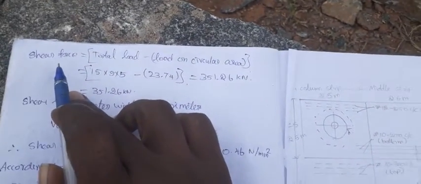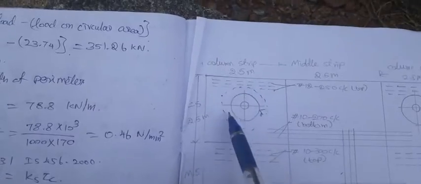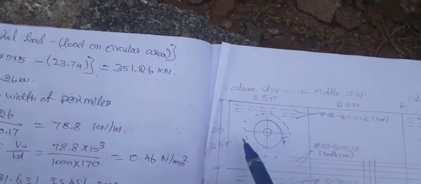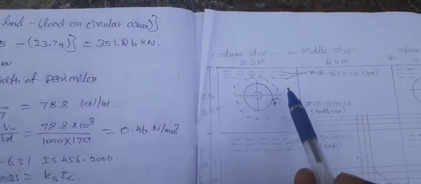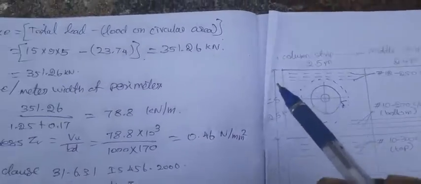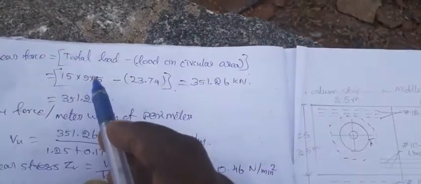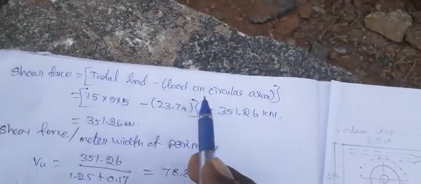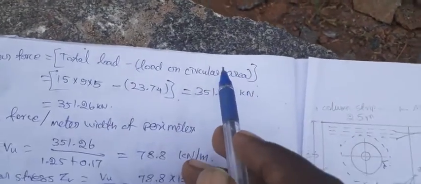So the actual shear force acting at the section, this section is going to resist the maximum shear stress. The maximum shear force is the total load minus the load on the circular area.